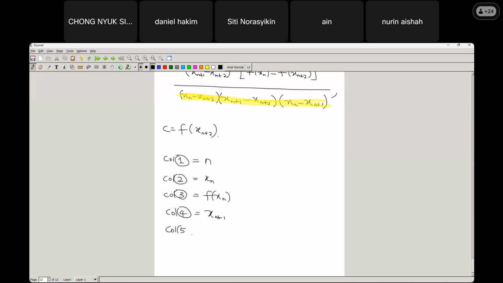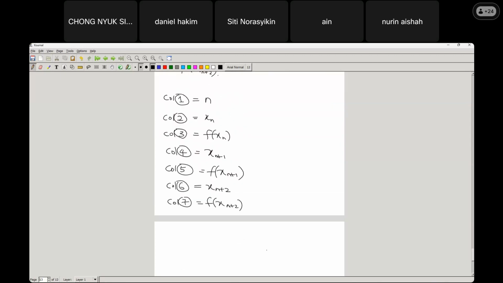Column 5, so of course we expect f(xn plus 1). Next, because we have an xn plus 2, column 6 is xn plus 2. Next, column 7 will be the f value of xn plus 2.